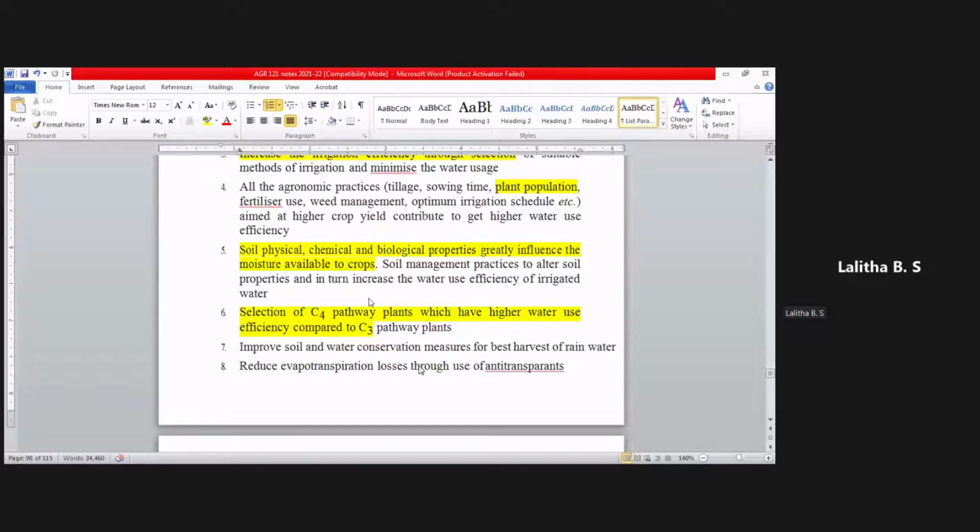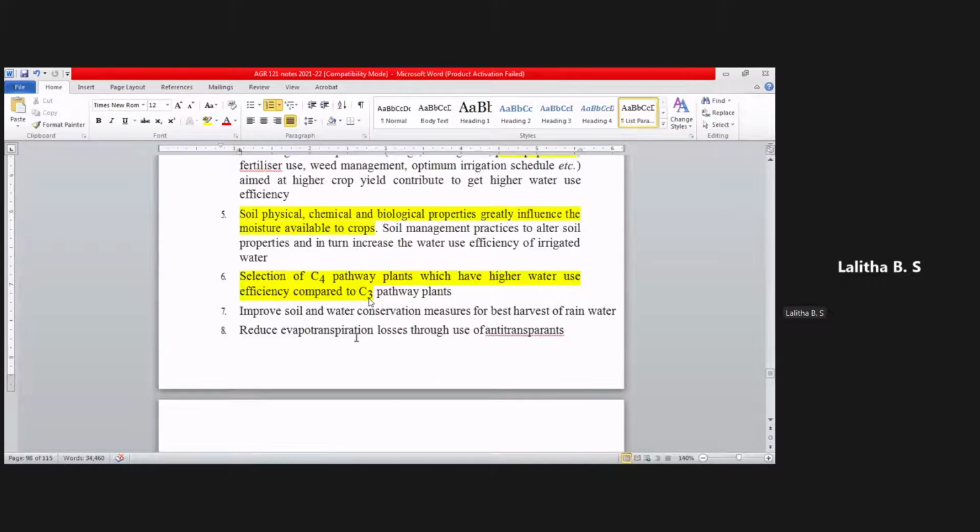Then again, reduce evapotranspiration losses through the use of anti-transpirants. Maybe we can use mulches to reduce the evaporation. Wherever it is possible, we can go for protective cultivation. If we use protective cultivation, everything is controlled under controlled conditions, so there also we can avoid evapotranspiration loss.